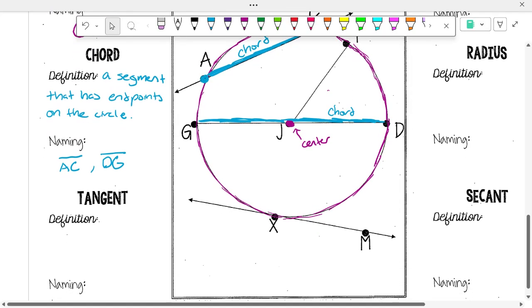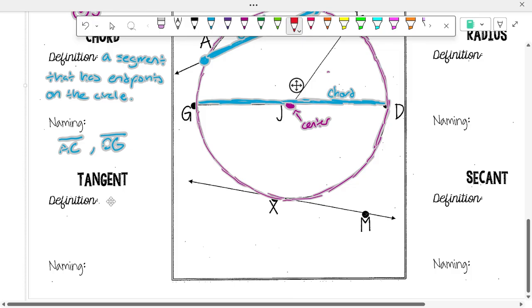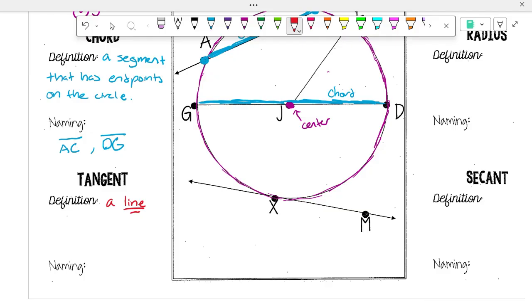Now, the next thing we're going to talk about is what's called a tangent. I kind of already mentioned this in our last journal entry, but a tangent line is a line, so it's not a line segment, it's a line that intersects a circle at one point.